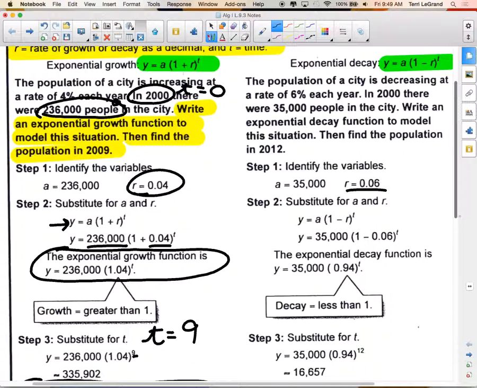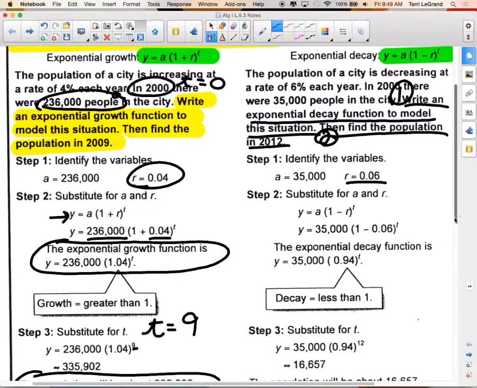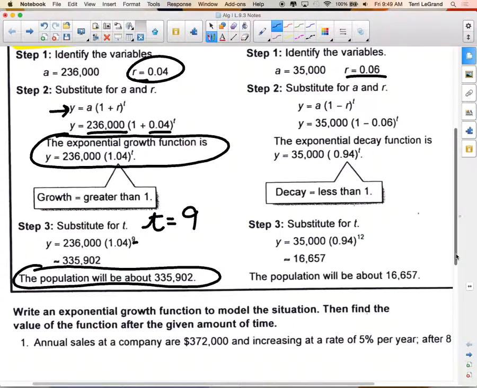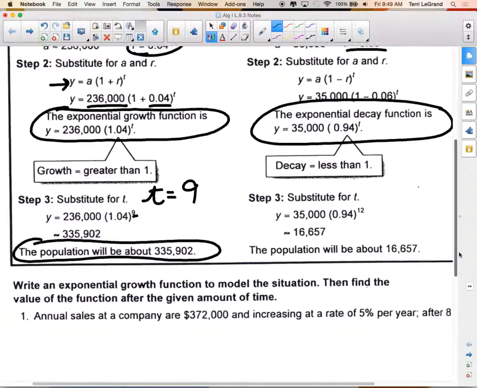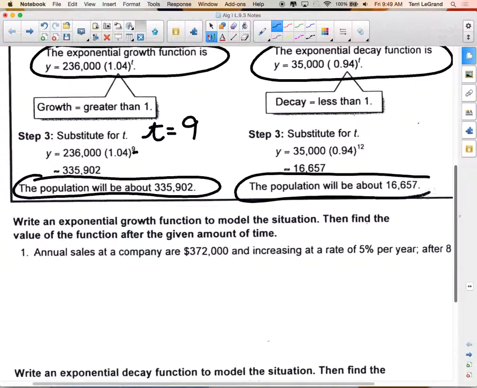That's what the population is at the start. Then it says, write an exponential decay function to model this situation. Answer 1. Then find the population in 2012. Answer 2. 2 answers again. So answer 1 is right here. Again, it has the Y and the T in it. Answer 2 is right here.